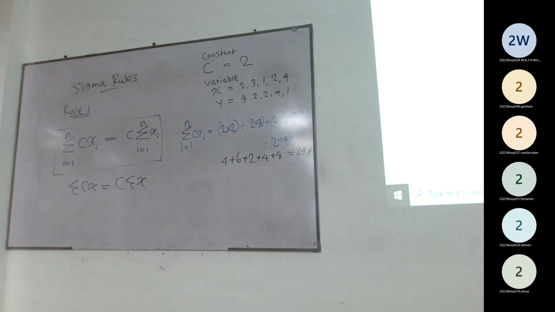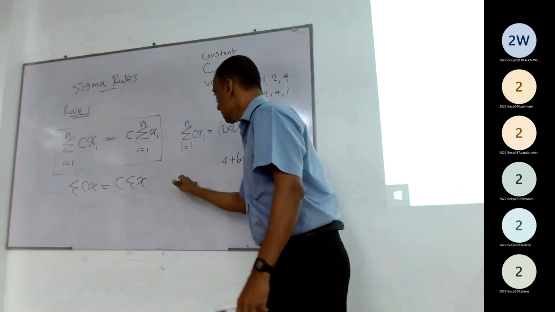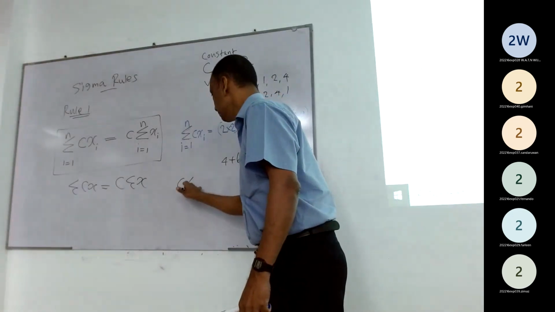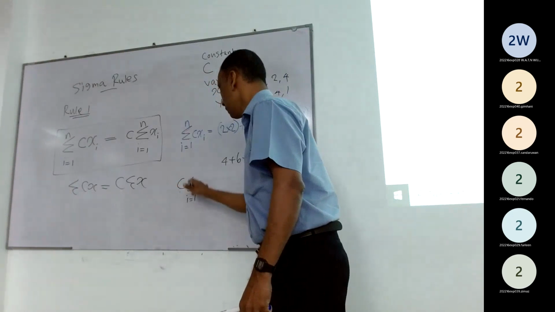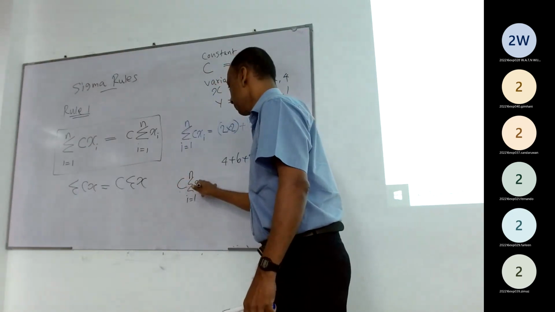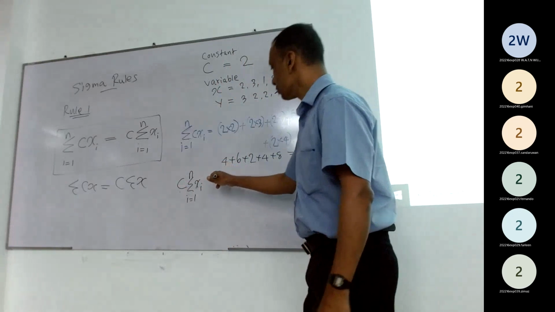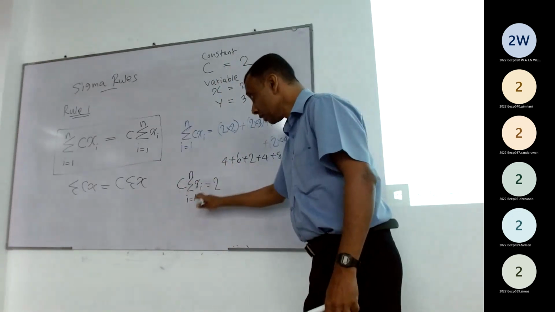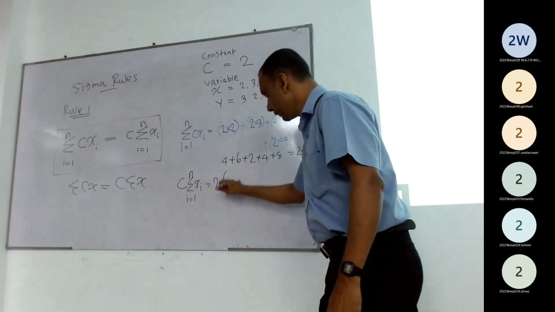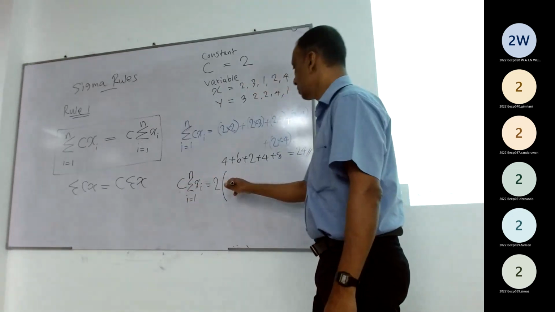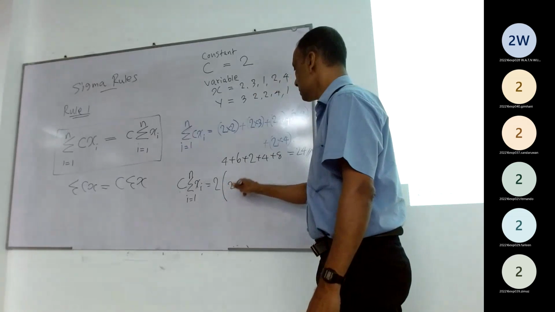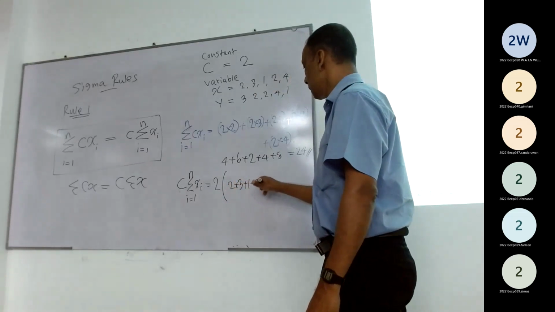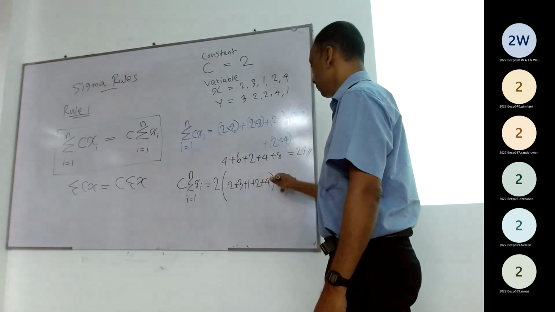Now practice the right side value. Right side: C sigma i equals 1 to n, xi. C is the constant. First take the summation, then multiply. 2 plus 3 plus 1 plus 2 plus 4.